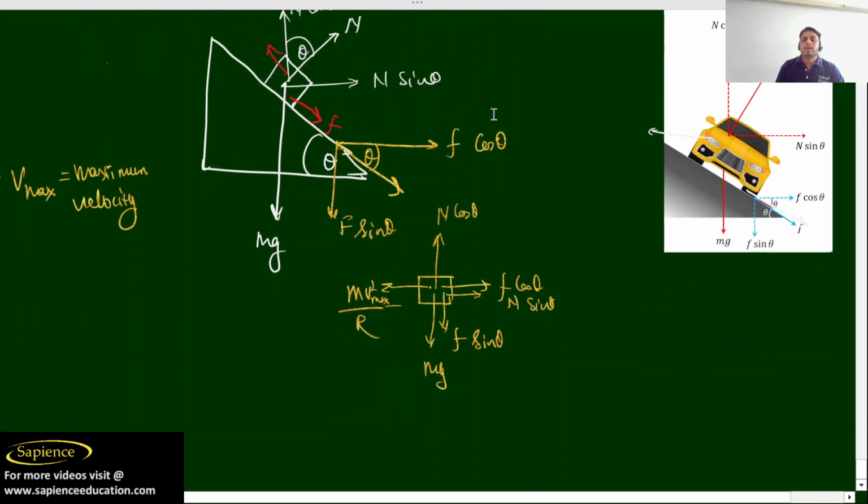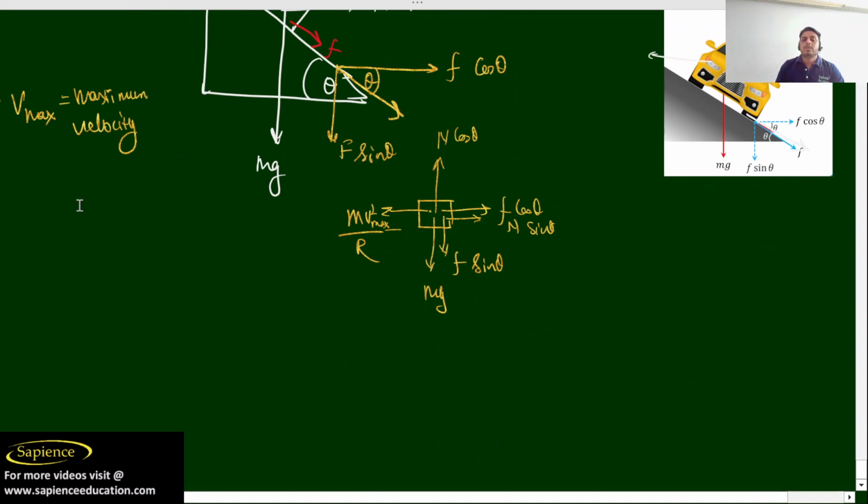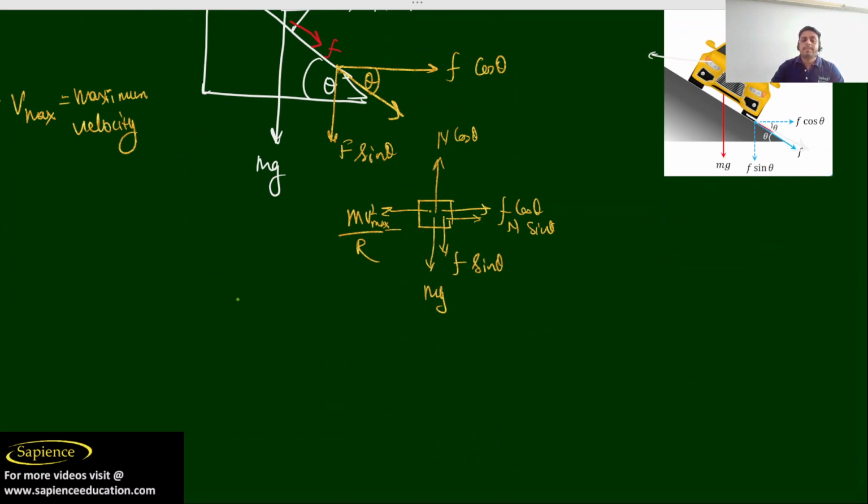Now we need to try to equate the equations. So how many equations are we getting? See here, I am getting an equation in the vertical direction, so this will be your N cos theta, it is positive, below it is minus mg minus f sin theta.